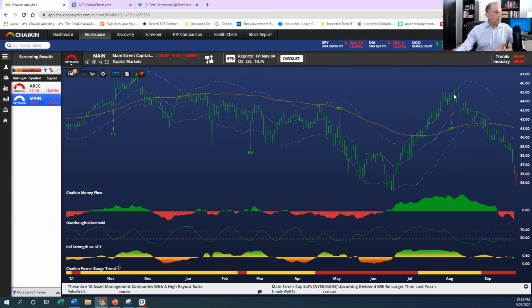When you have a stock that can move from 45 down to 35 in less than a month or two, what good is the yield, no matter how high it is? Right? It could be losing principal. So point being is, both of these names are in the same area, and we've got a new relative strength change to the downside. That's something you got to be careful of when you see that.